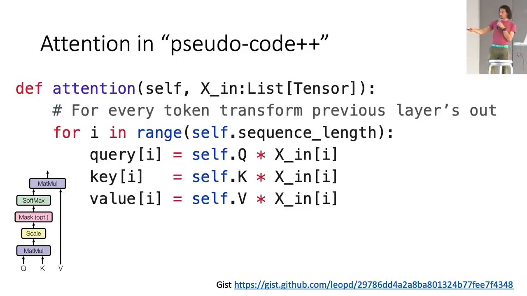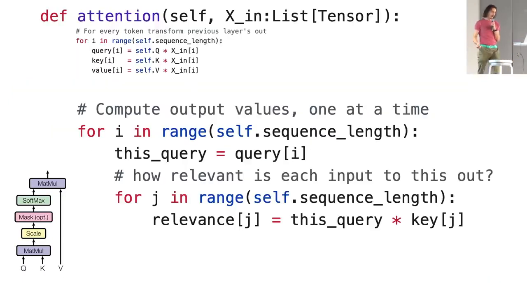And then the first thing it does, it goes through everything in the sequence, and it computes the query, the key, and the value by multiplying the appropriate input vector by Q, K, and V, which are these learned matrices, right? So it learns this transformation from the previous layer to whatever should be the query, the key, and the value at the next layer.